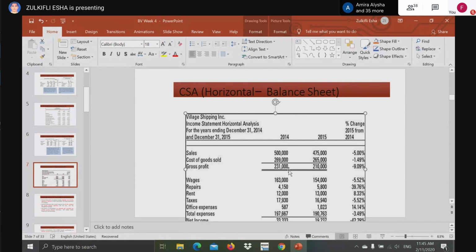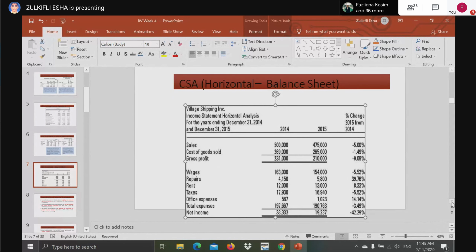In 2014, the amount of our gross profit is 231,000, and in 2015 it decreased to 210,000. By percentage, it is a decrease of 9.1%. So you may need to go into very detail, the wages, repairs, and so on.